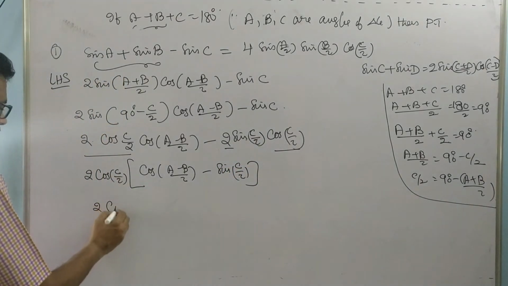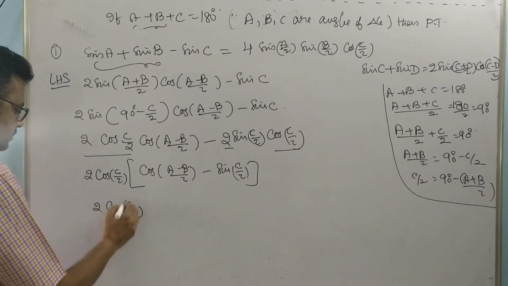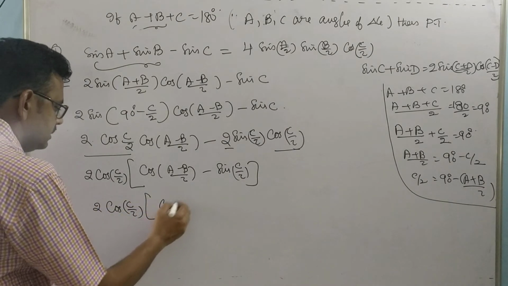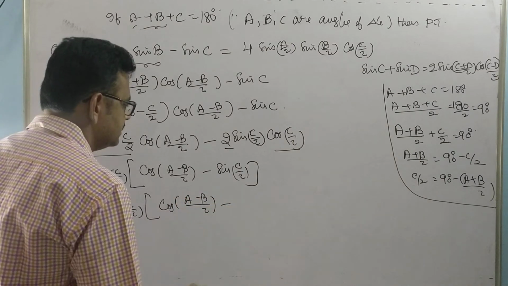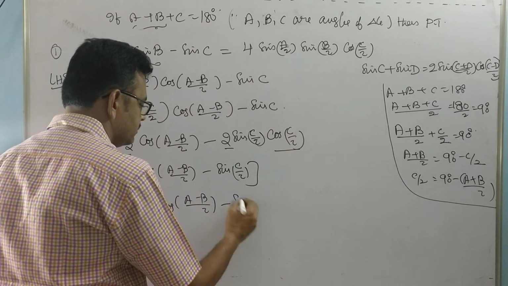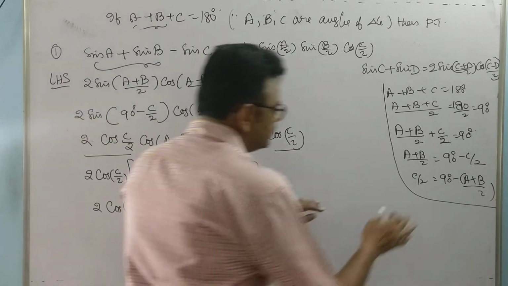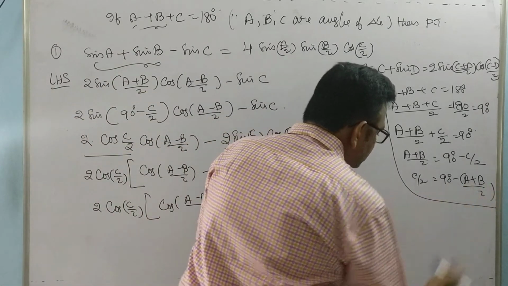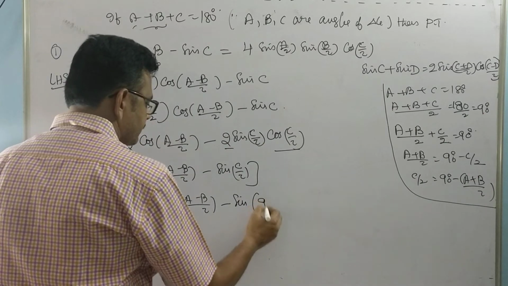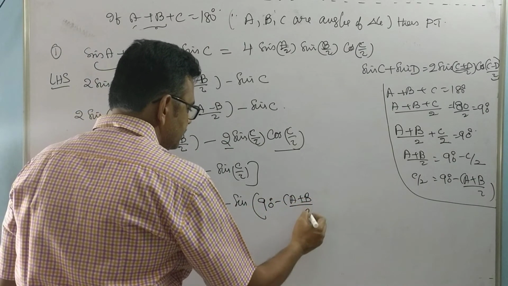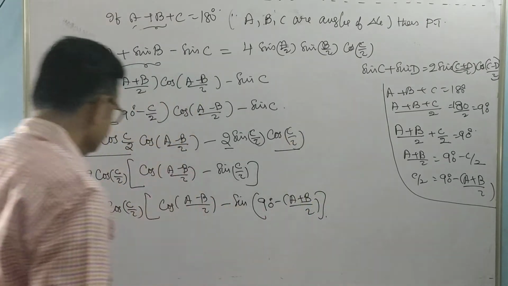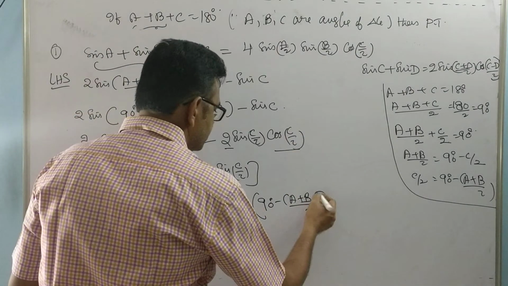So this is 2 cos C by 2 into cos of (A minus B) by 2 minus sin of C by 2. What about C by 2? It equals 90 degrees minus (A plus B) by 2.